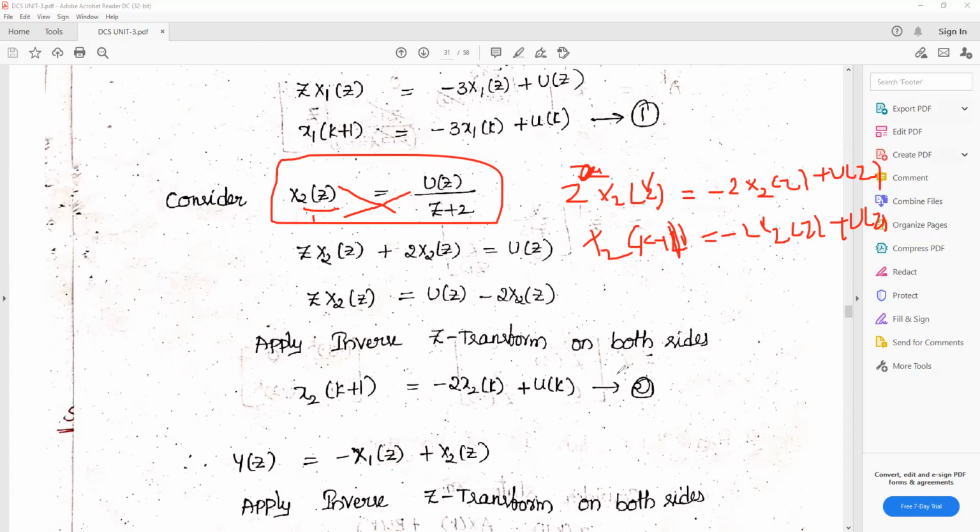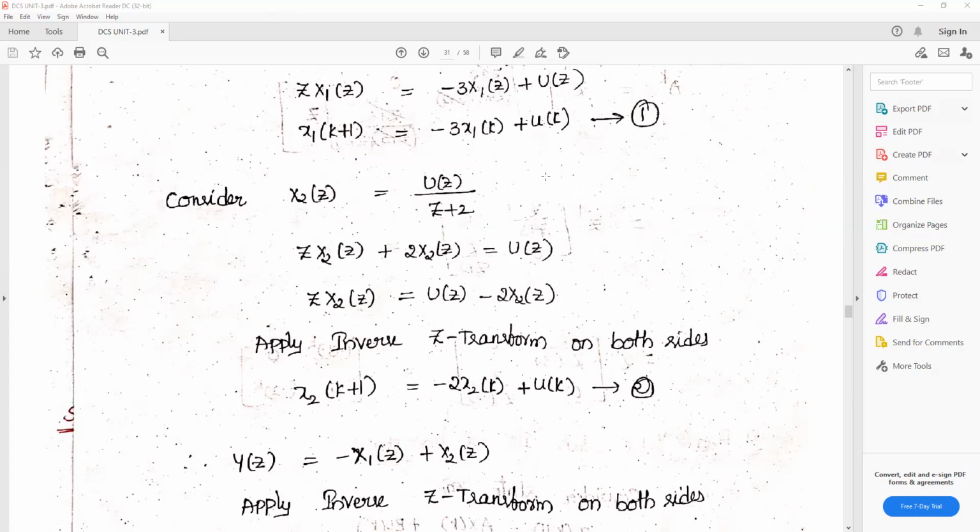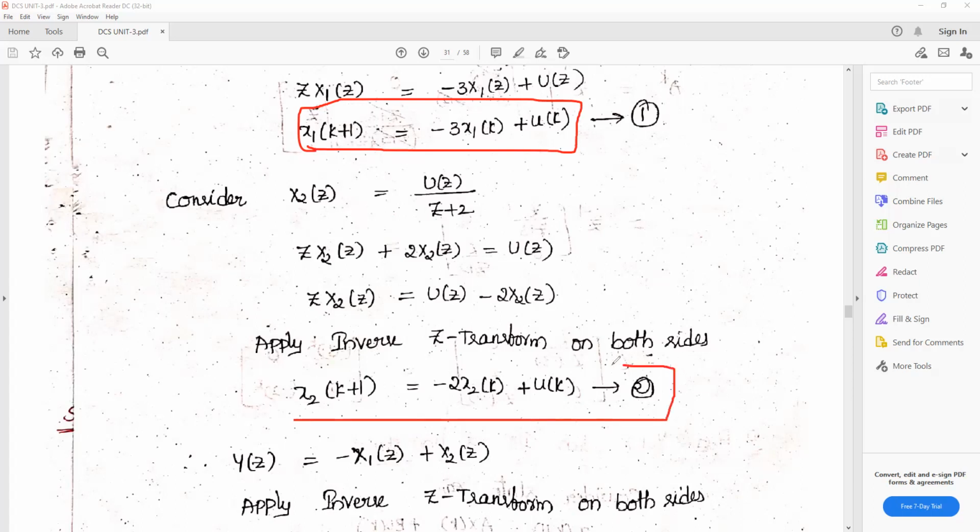Okay, so here we got X1 of z and X2 of z is also found. So X1 of k plus 1 is equal to minus 3 into X1 of k plus U of k. X2 of k plus 1 is minus 2 into X2 of k plus U of k.